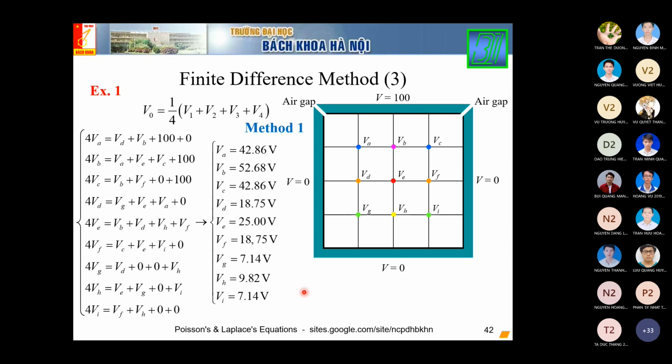This method has many equations, so it is quite hard to find the result. Yes, that's what I told you. So I think we should find VA.